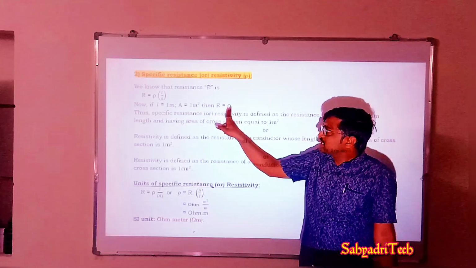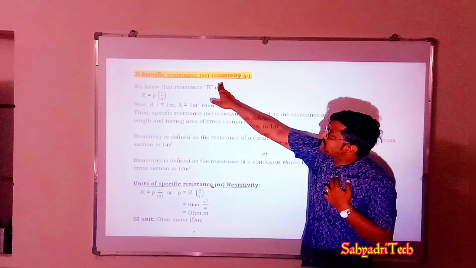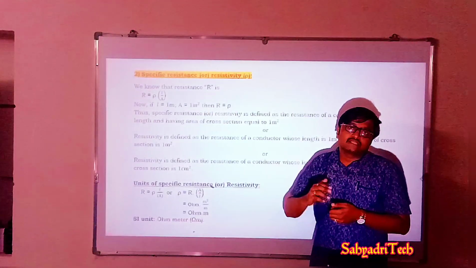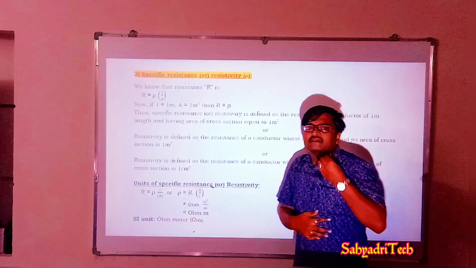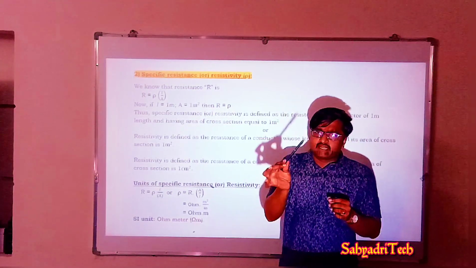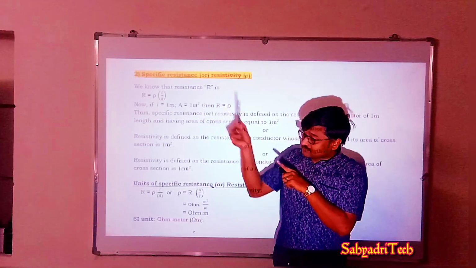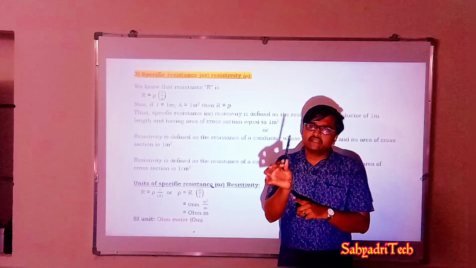We know the terms here. R, resistance of a conductor, and rho, resistivity of a conductor, or specific resistance of a conductor, is one more property of a conductor. If it is a conductor, it has conductance, it has resistance, it has specific conductance, it also has specific resistance.